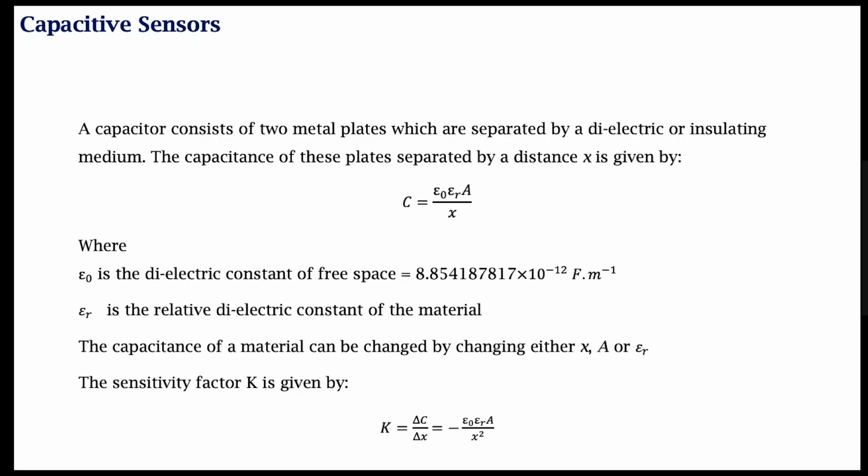In these cases, when you have a parallel plate capacitor, one plate may not be moving, made of a rigid body, a metal, for example.